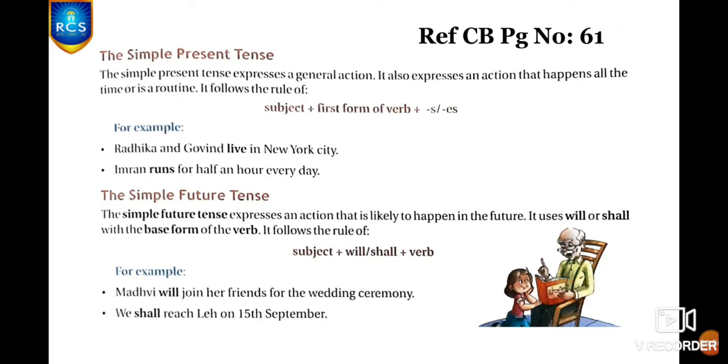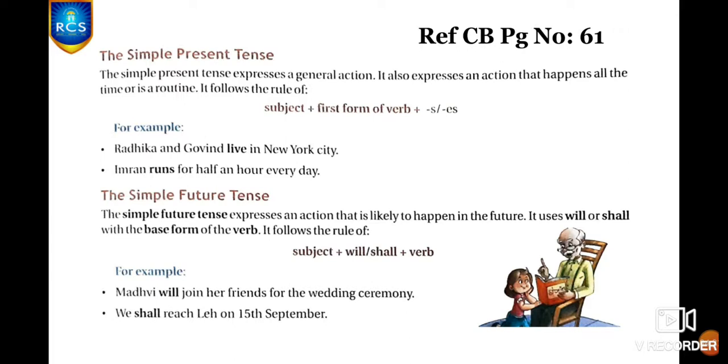For plural, we should not add s to the verb. For example, Radhika and Govind live in New York City. And Imran runs for half an hour every day. An action that happens regularly or is a routine, we use the simple present tense.